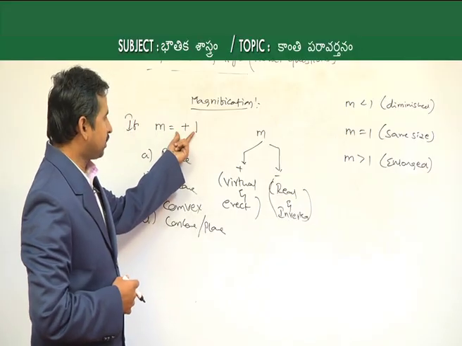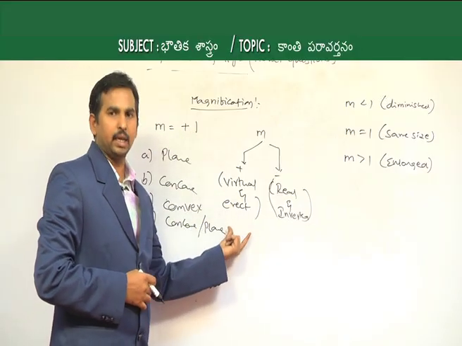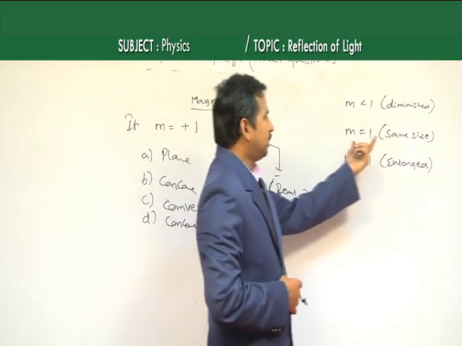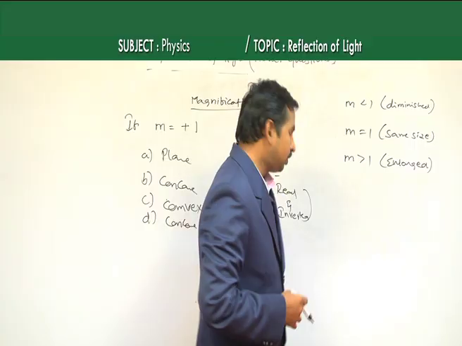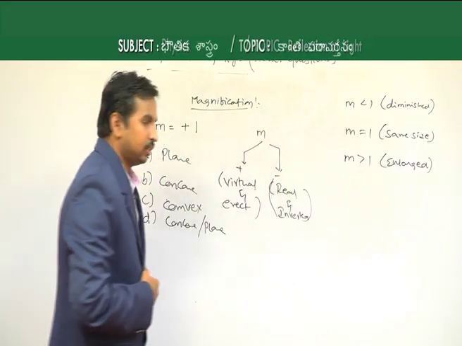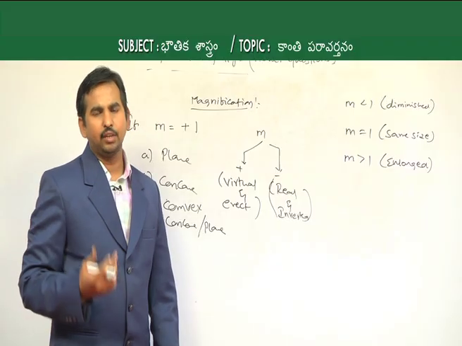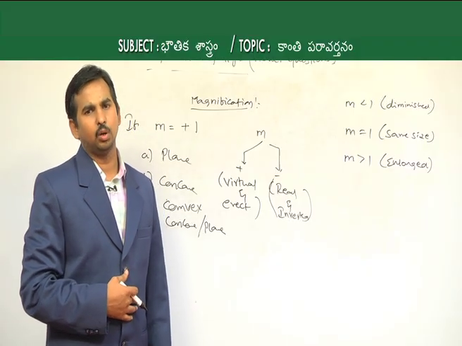Here, plus represents a virtual and erect image, whereas 1 represents the same size as the object.